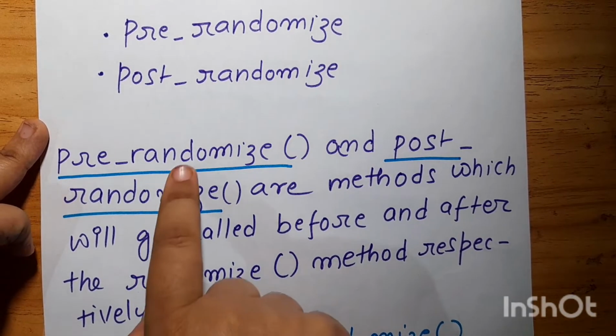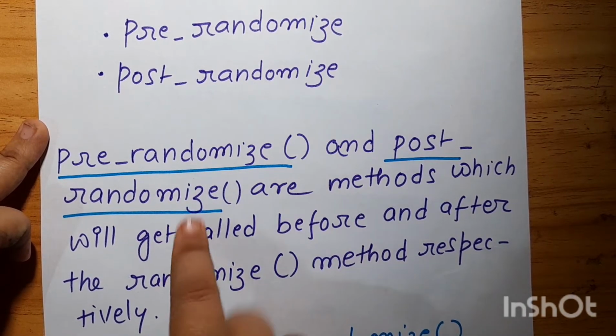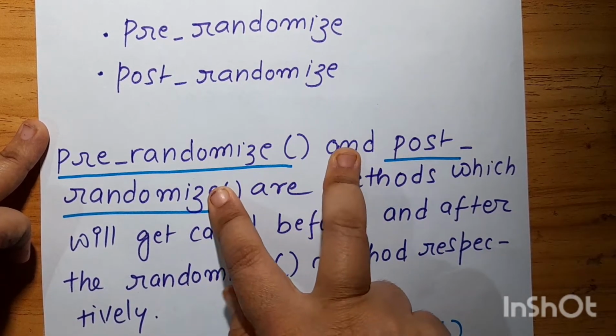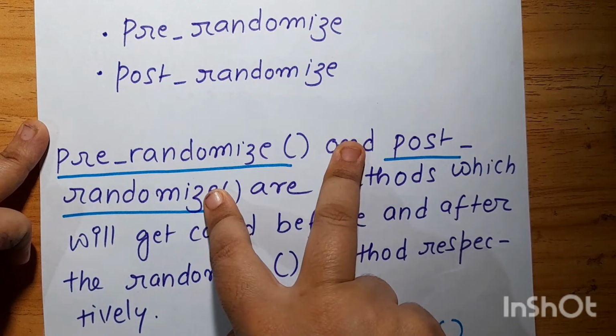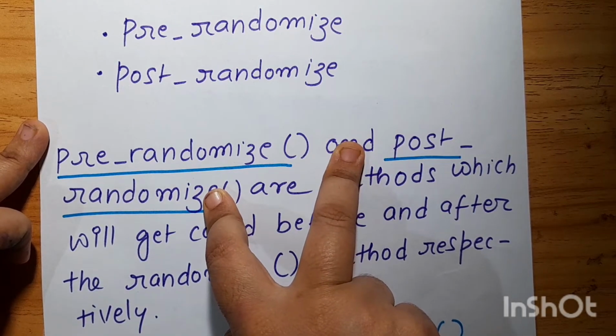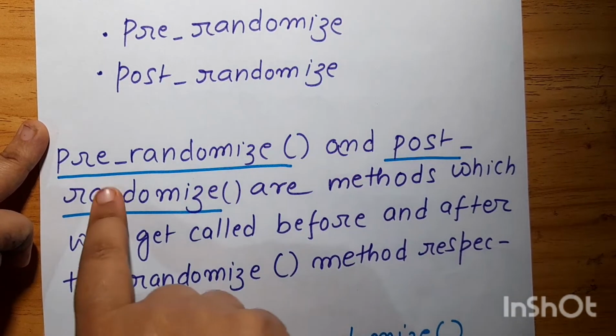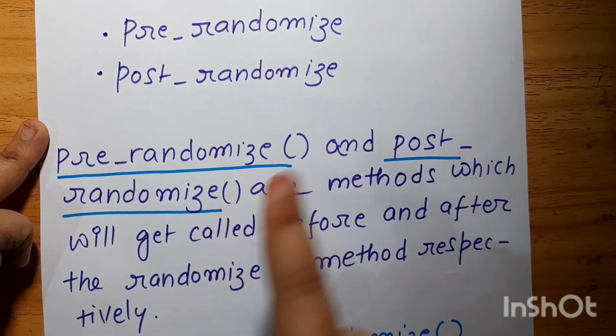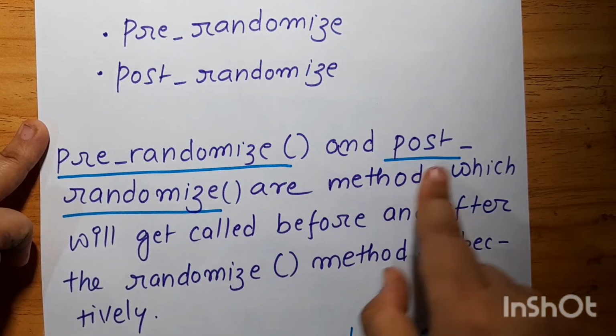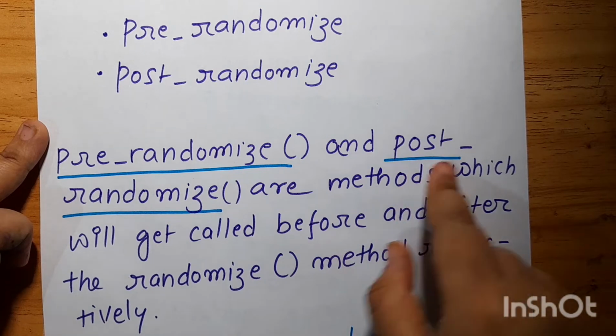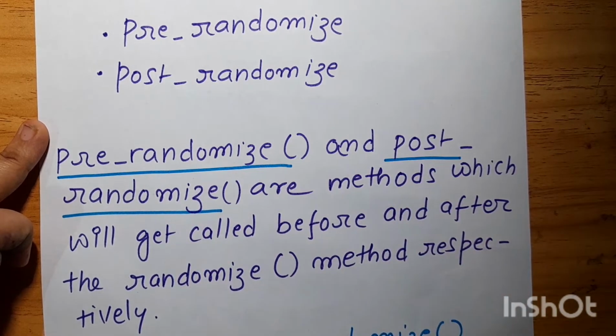These two functions are available with the randomize function only. Pre_randomize will be called before the randomize function, and post_randomize will be called after it.